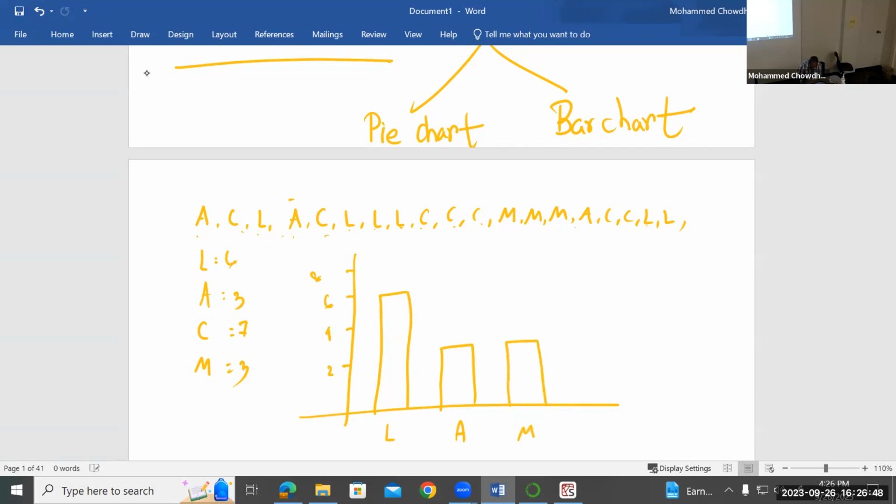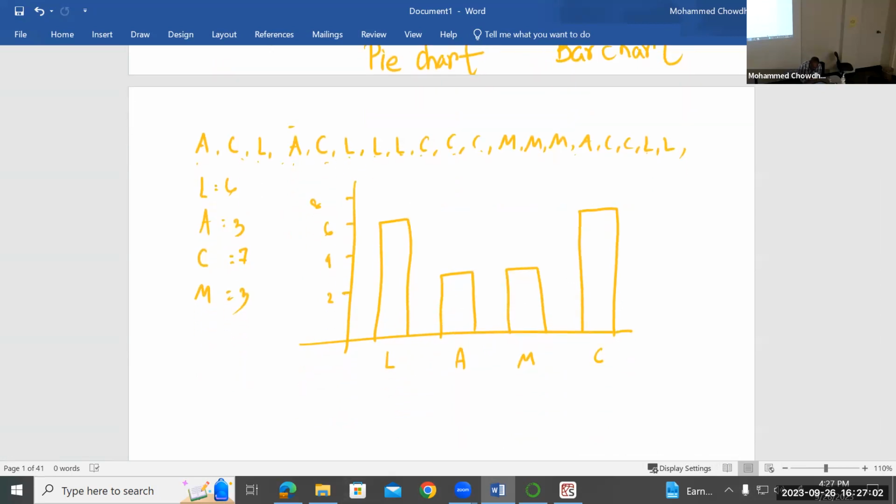Then Caucasian is 7, you take it up until here. This is called the Caucasians. In the x-axis, you can put race. On the y-axis, you put frequency. That's the way you can construct a bar chart. When we were undergraduate students, almost 20 years ago, we did these things by using a paper and pencil approach. This is called the bar chart.